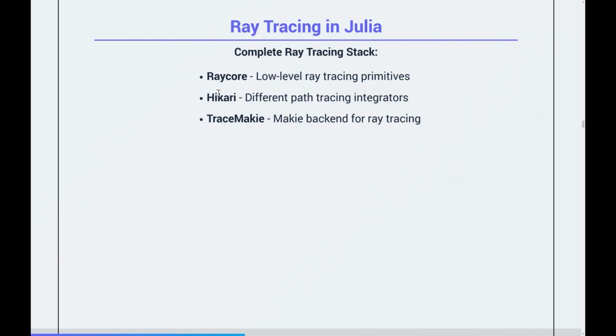This work basically went into RayCore, which is basically a ray triangle intersection engine that you can run on the GPU and on the CPU, and it's very performant. I think we are pretty close to state of the art, which is not that easy, and that's also where AI comes in, because I translated quite a bit from existing open source C++ ray tracers, and it worked surprisingly well.